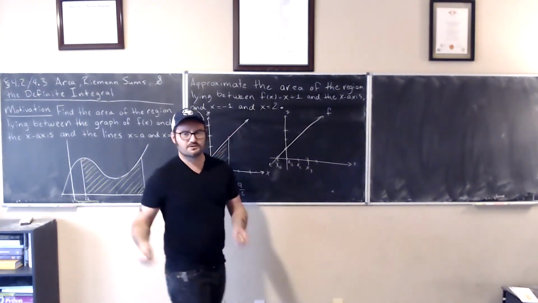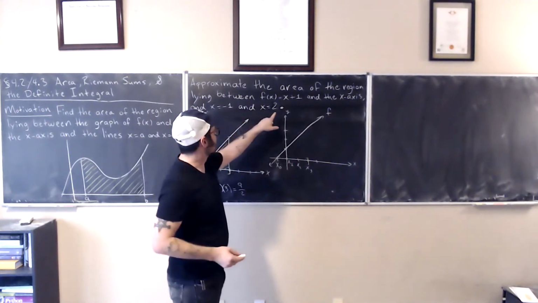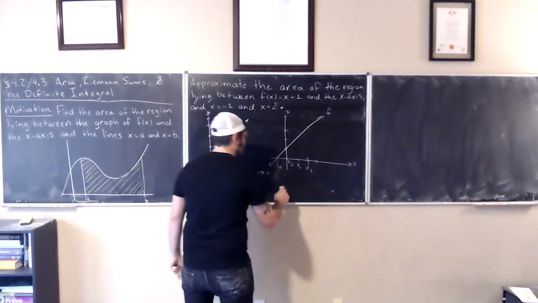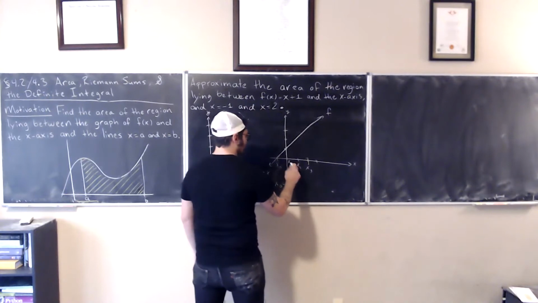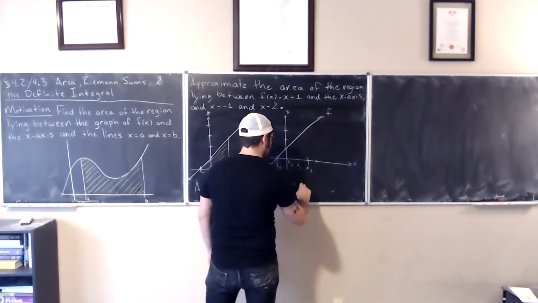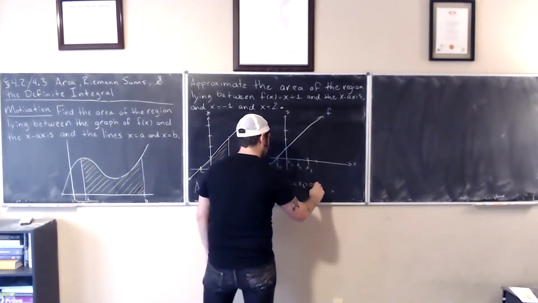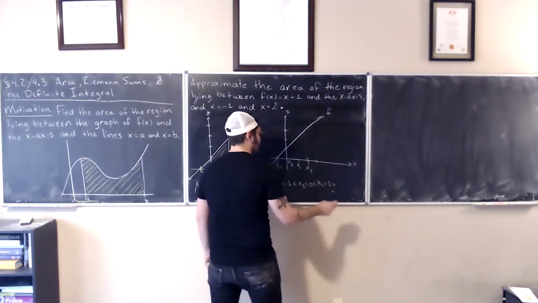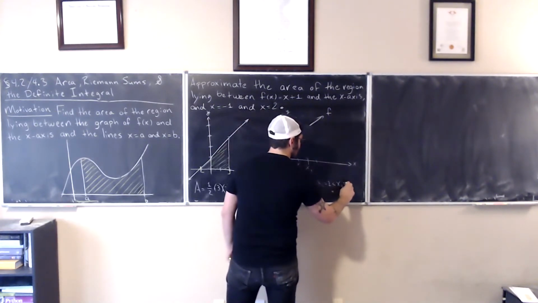So basically x0 is equal to -1, which is less than x1, which in this case is equal to 0, which is less than x2, which is equal to 1, which is less than x3, which is equal to 2.